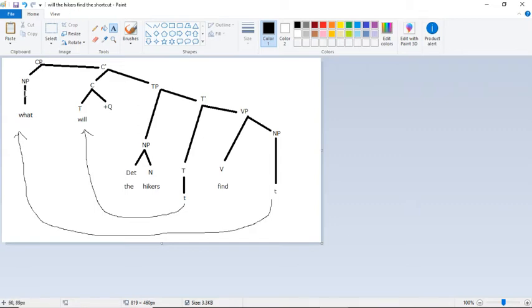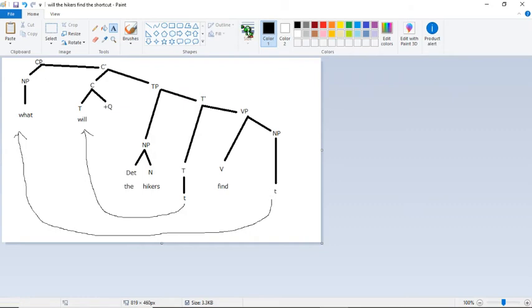So what I'm not showing here is the structure of the shortcut. I'll have to follow up about this with Professor Libin. I just realized that I'm not 100% sure about what to do here. Should I have a triangle here, including determiner and noun? Should I leave a triangle down here, indicating that there's a determiner and a noun that's being traced?